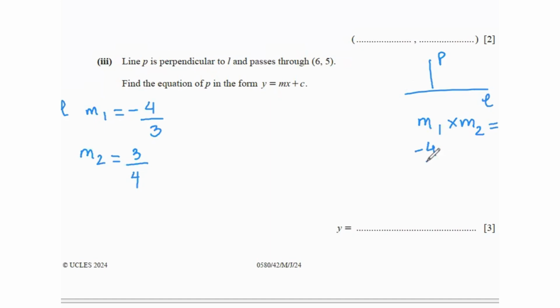So if -4/3 times m2 is -1, then m2 is 3/4.